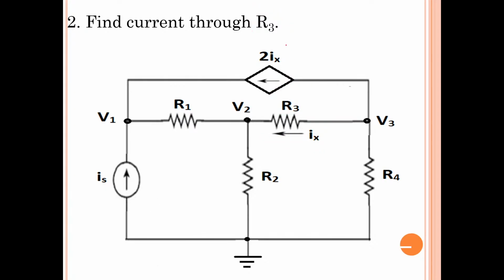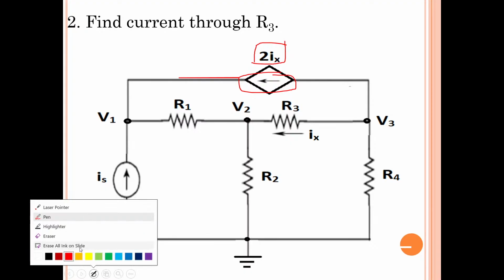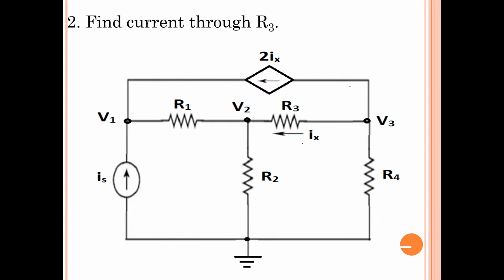And the dependent source is a dependent current source, and the current through it is 2Ix. If you are able to determine the current flowing through R3, you can determine the magnitude of this dependent current source. Just note down the circuit, draw the circuit as quickly as possible.